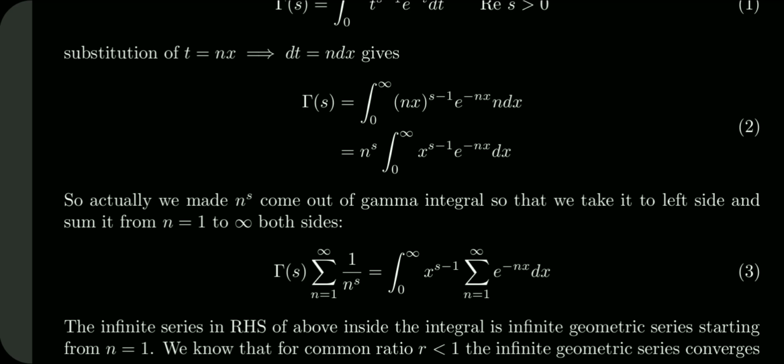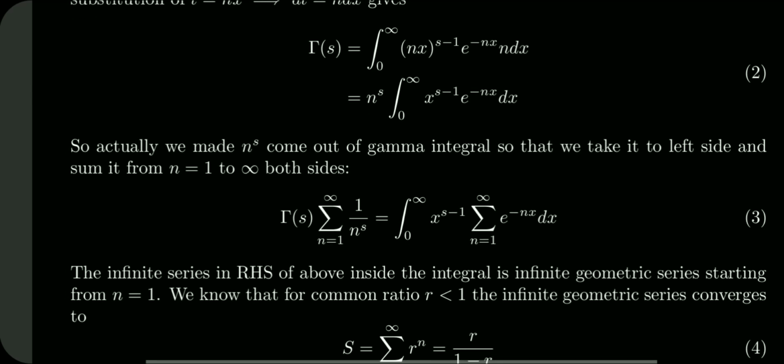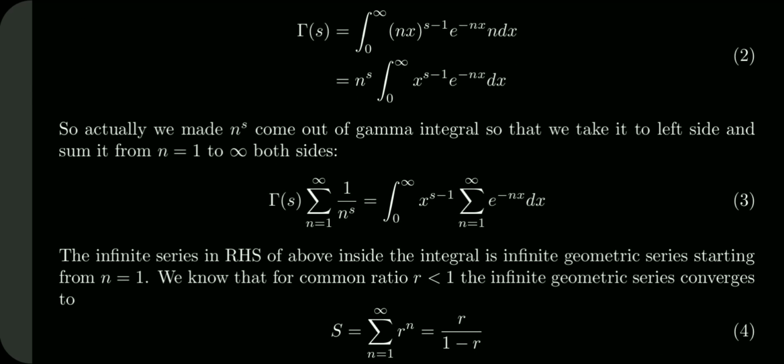On the RHS, that sum goes inside the integral, and we have inside the integral an infinite geometric series. The infinite series in the RHS is an infinite geometric series starting from n is equal to 1. This is the thing that you have to notice.